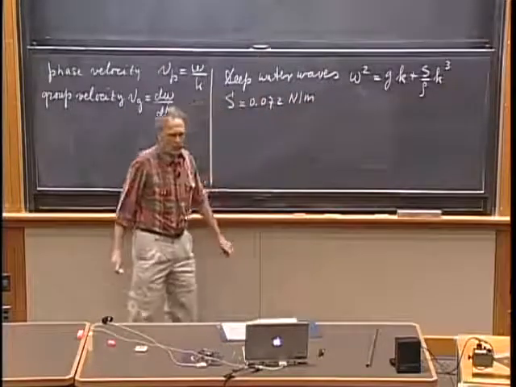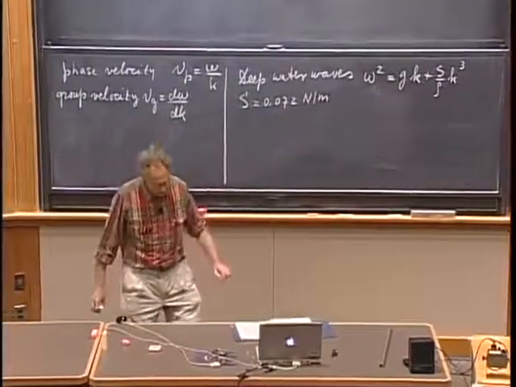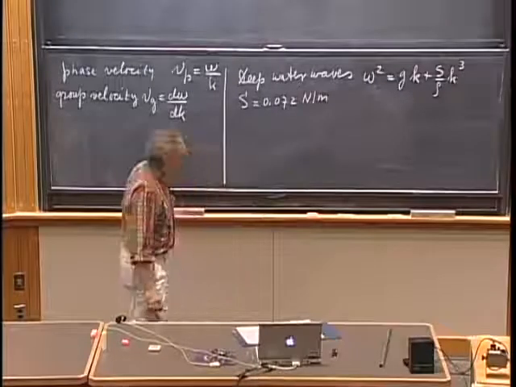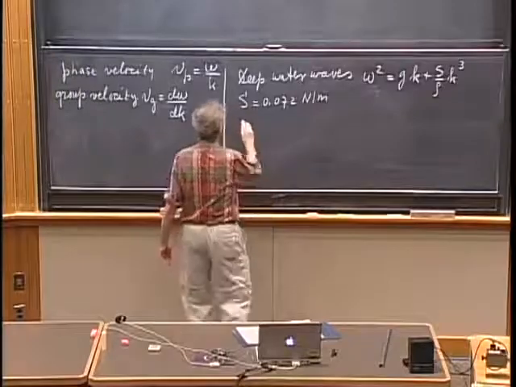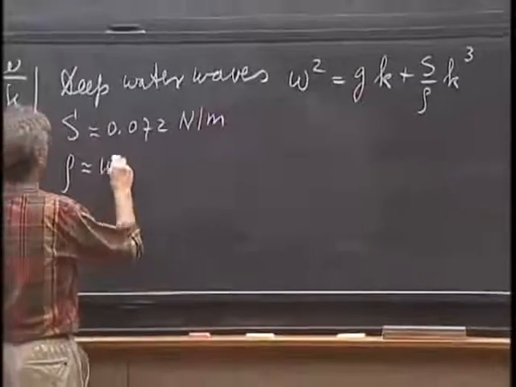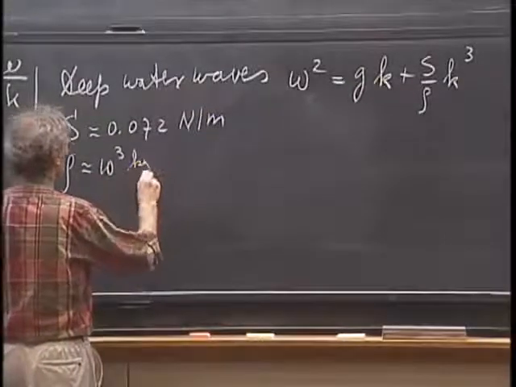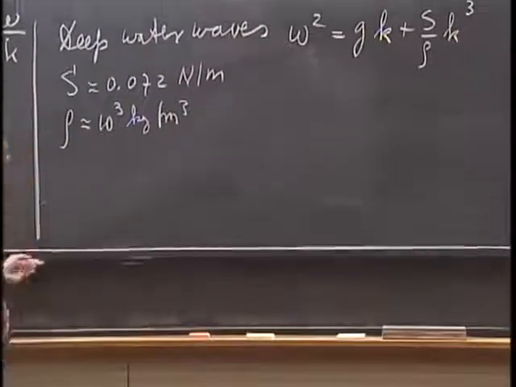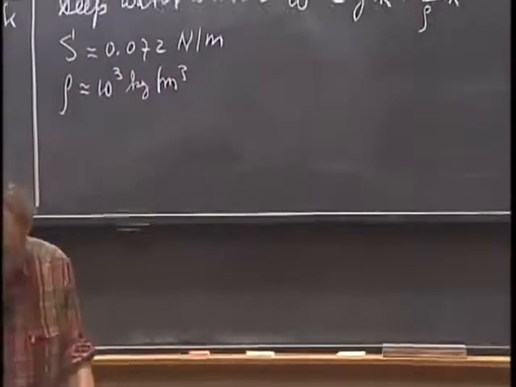I don't know whether you've dealt with surface tension in 801, but if not, you just can accept this S. And the density of water, rho, is about 1,000 kilograms per cubic meter. That, of course, is a little different for seawater, but that's a nice number to use.